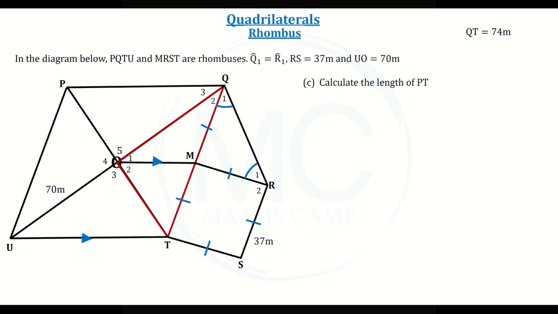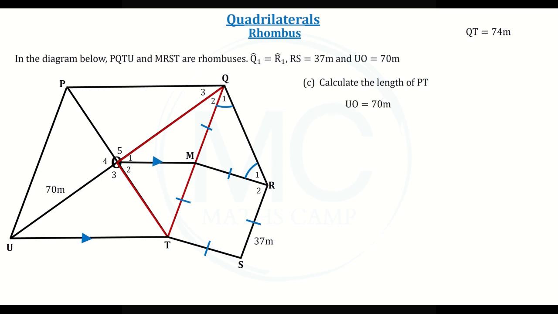Now we need to look at the side QO. QO lies on QU, a diagonal of rhombus PQTU. We already know that UO is 70 meters long, so let's make a note of it over here, is equal to 70 meters.